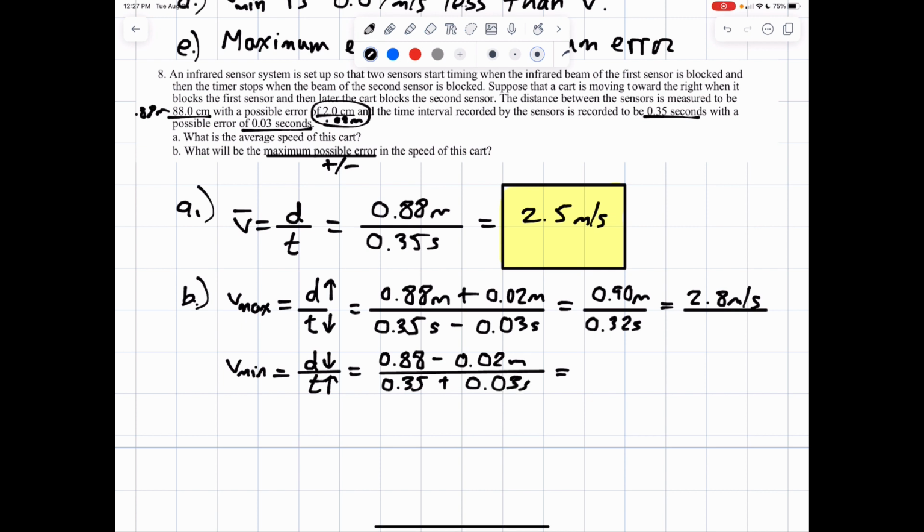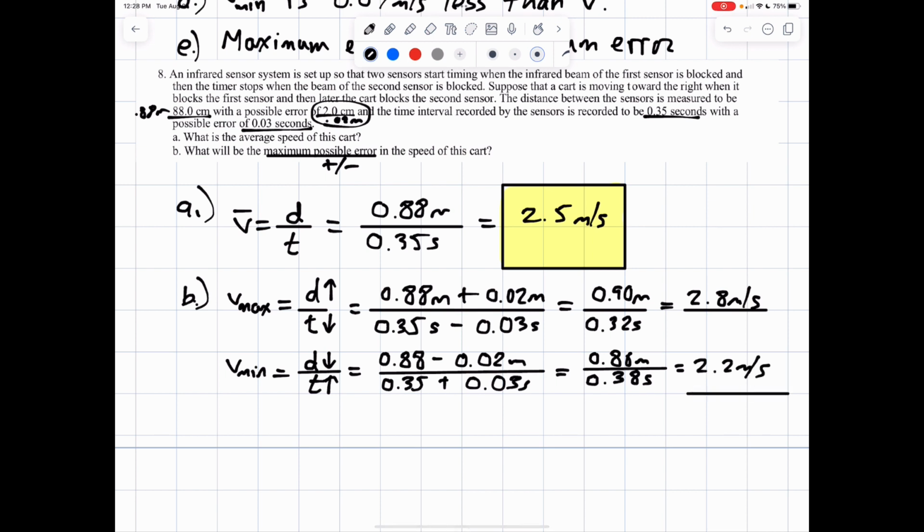Now for that, we're going to get about 0.86 meters of minimum distance with 0.38 seconds of maximum time. Okay, that's going to give you the lowest possible, which is about 2.2 meters per second.